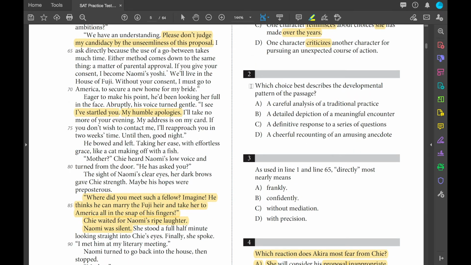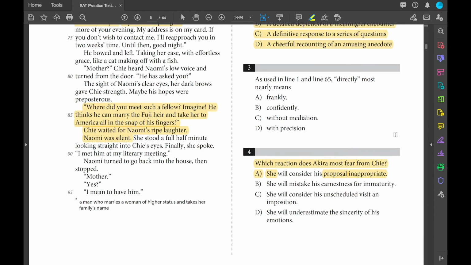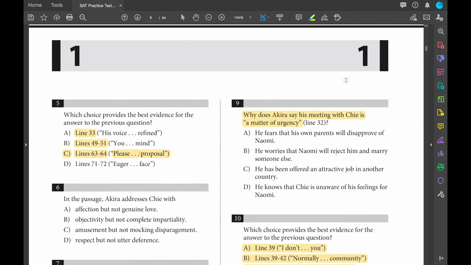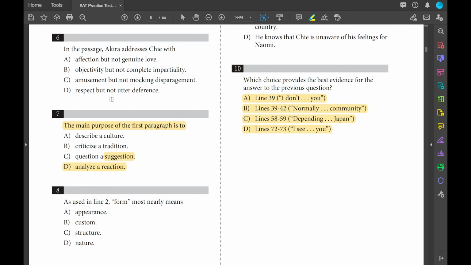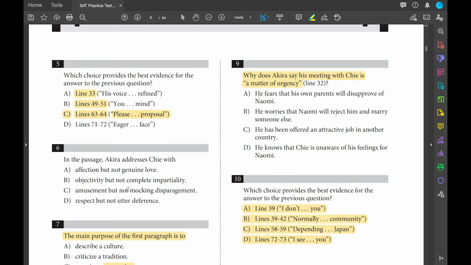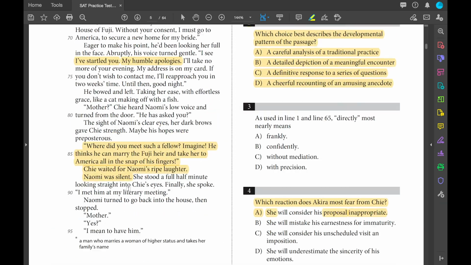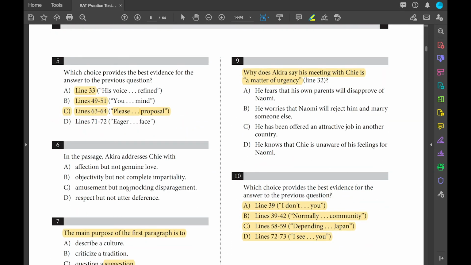You can also try number 2, which is another main idea type question. And then questions like number 3, which are more vocab questions, we're going to talk about in our next video, as well as questions like number 6, and number 8 is another vocab question. But try those two, the main idea type question for number 2, and number 9 and 10, which are the paired questions.